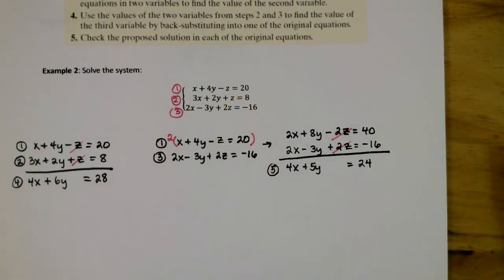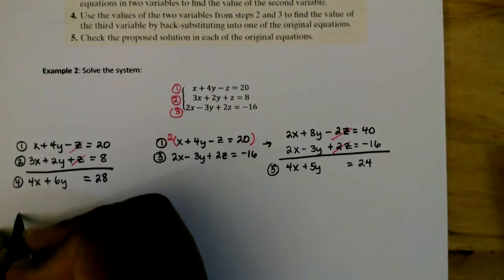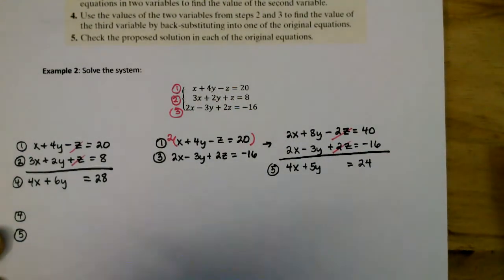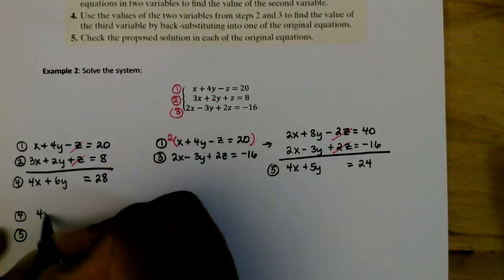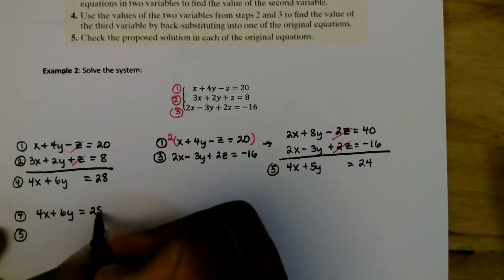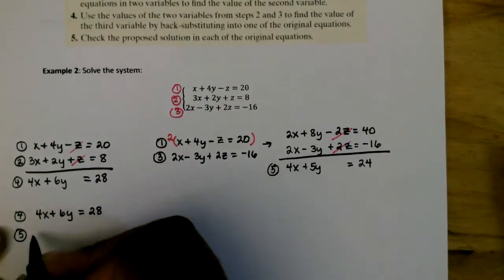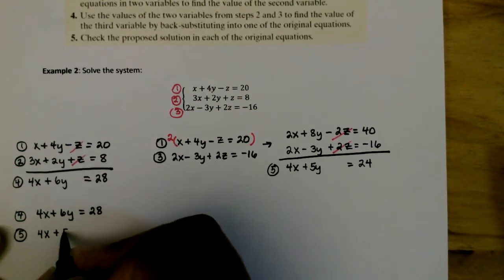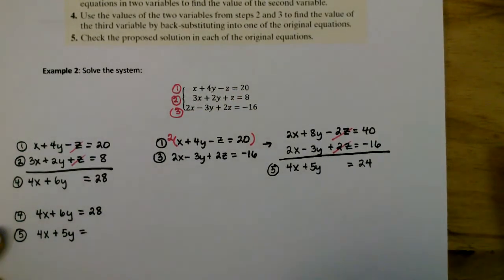So now here's step number 2. I'm going to take equation 4 and 5, which in this case, equation 4 is 4x plus 6y equals 28. The second equation is 4x plus 5y equal 24.